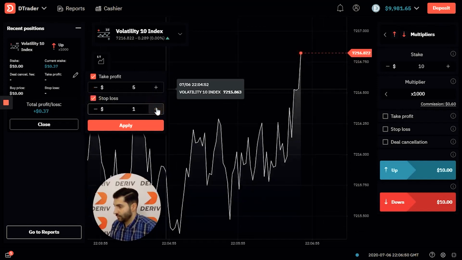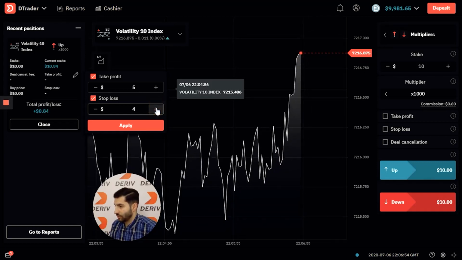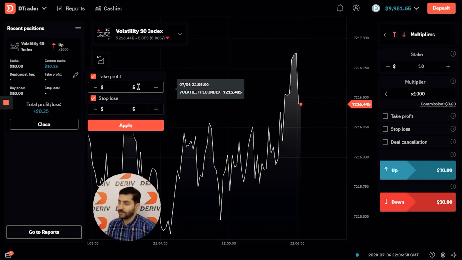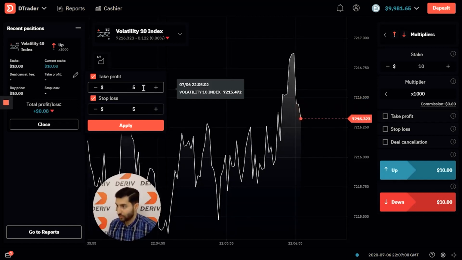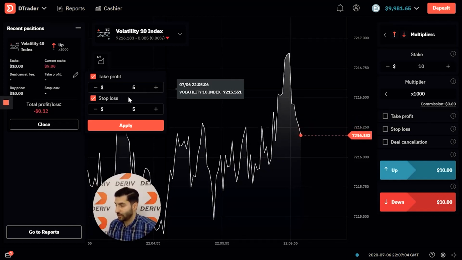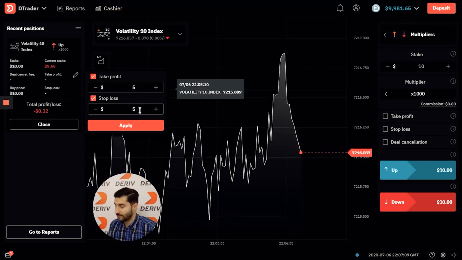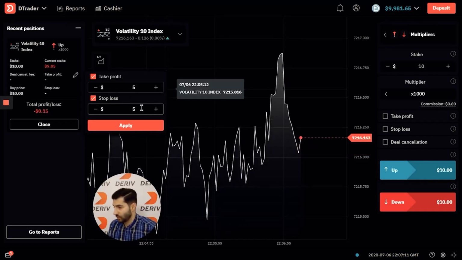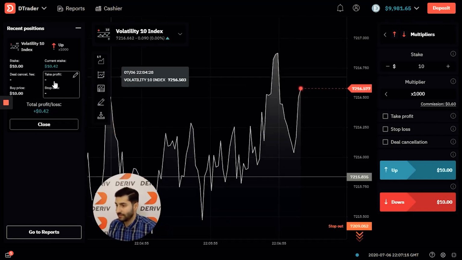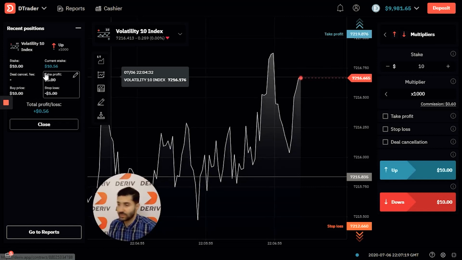So if the market moves in a favorable direction, and I'm not here to watch it, or I just prefer to automate things, once it hits $5 in potential profit, the contract will close off and I'll be guaranteed those $5. If the market starts going against me and eventually hits $5 in losses, the contract will also close off without any manual intervention. Even though we set a take profit and stop loss, you can still intervene manually.